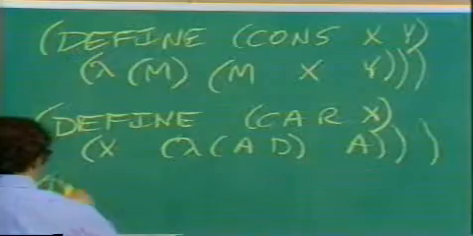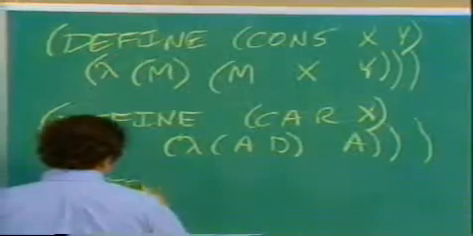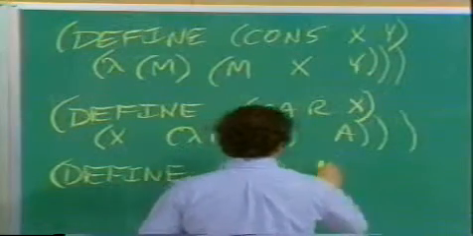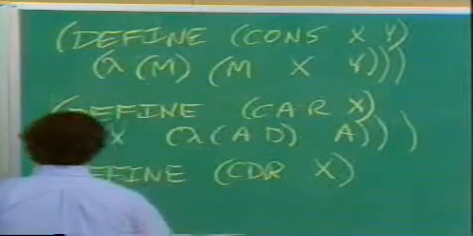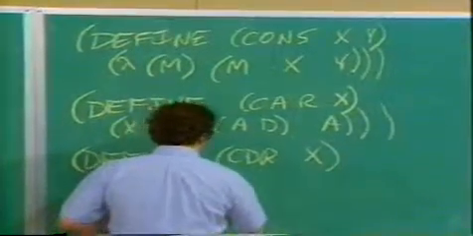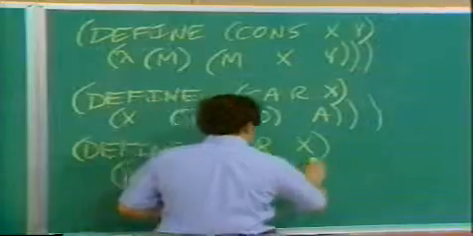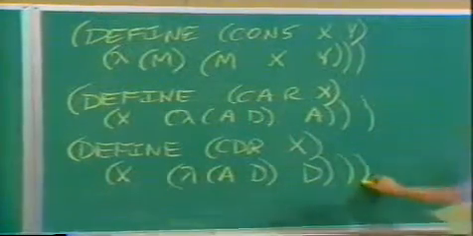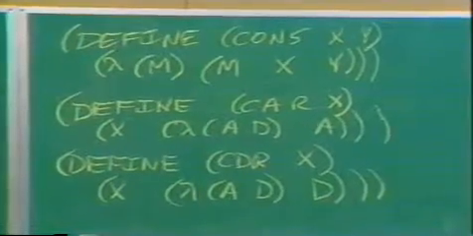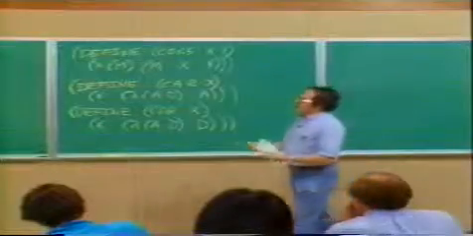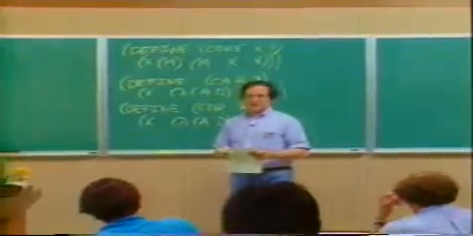And we'll define cdr of x to be the result of applying x to that procedure of a and d, which selects d. Now, you may not recognize this as car, cdr, and cons, but I'm going to demonstrate to you that it satisfies the original axioms just once, and then we're going to do some playing of games.